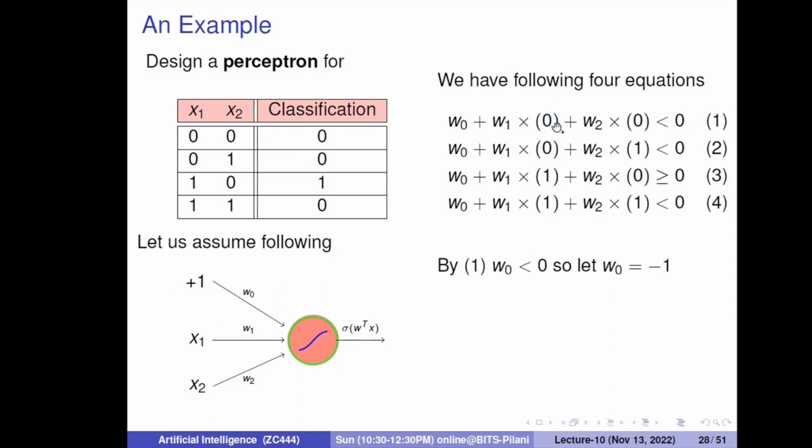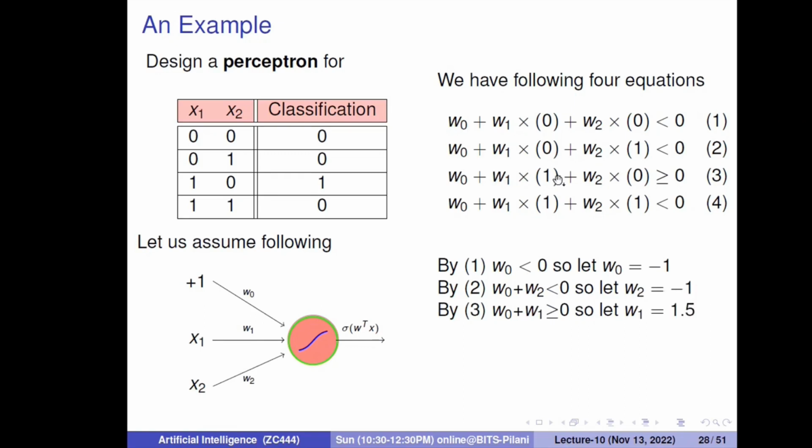Now let me solve. Use the first equation. Here both the w's go away, so w0 should be less than 0. Let me take w0 equal to minus 1. Second equation, w0 plus w2 should be greater than 0. So let me take w2 also 1.5. Third equation, w0 plus w1 should be greater than 0. Let me take w1 equal to 1.5.